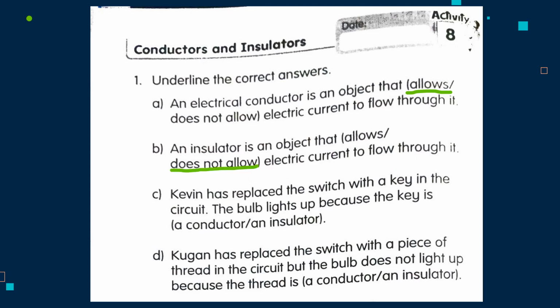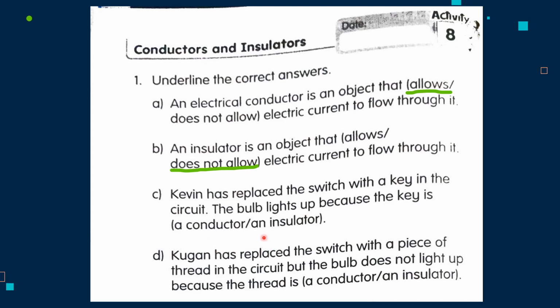So here an insulator is an object that does not allow electric current to flow through it. And then C, Kevin has replaced the switch with a key in the circuit. Dia gantikan switch dengan kunci. The bulb lights up because the key is conductor or insulator.